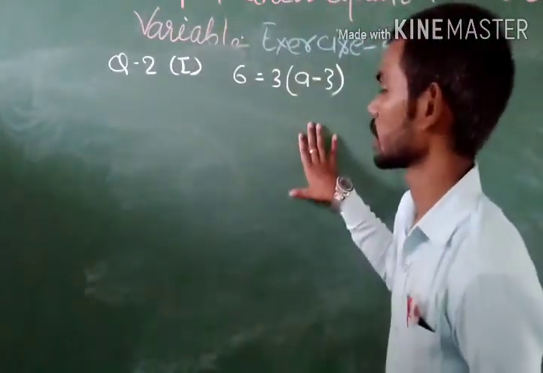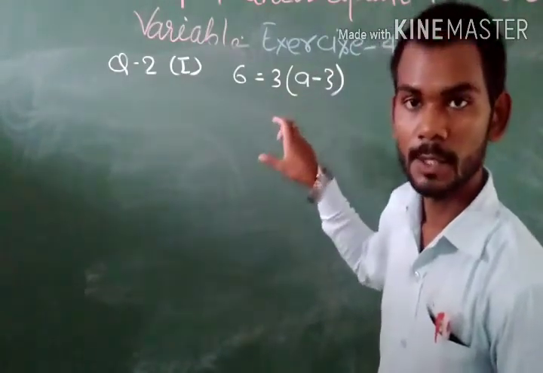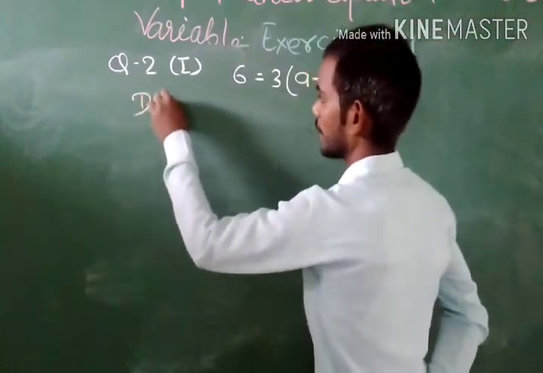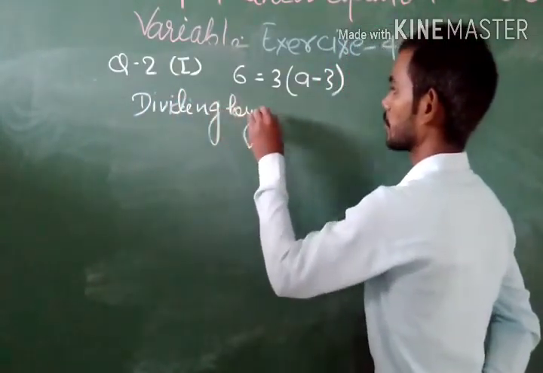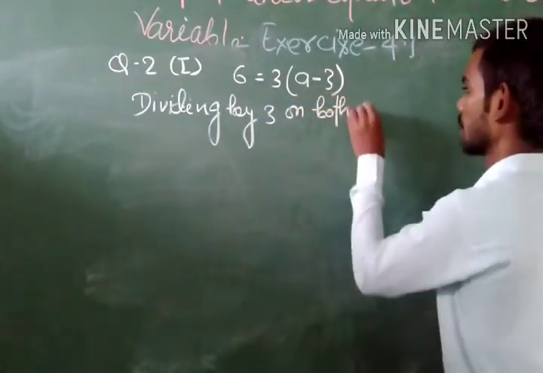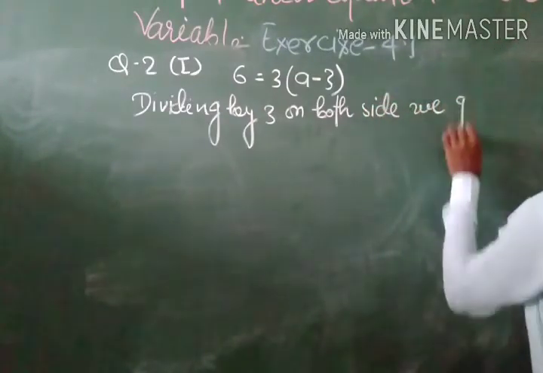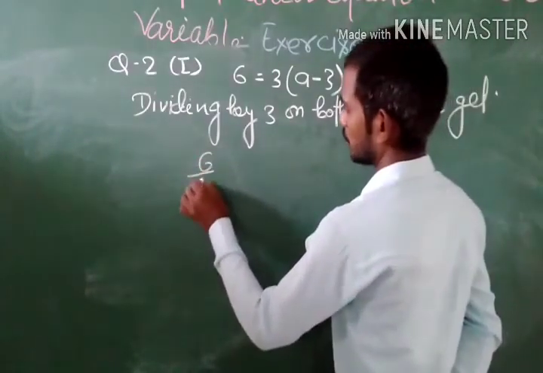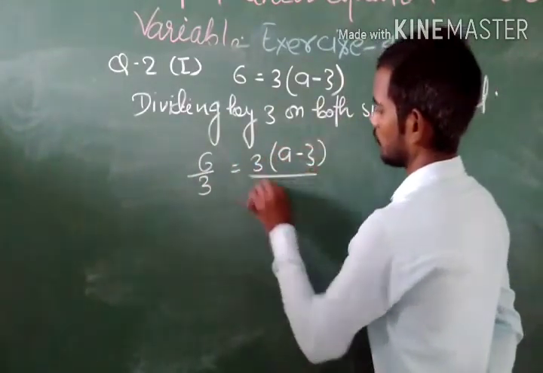First of all, we have to divide both sides by the number 3. So, dividing by 3 on both sides, we get 6 upon 3 is equal to 3(a minus 3) upon 3.